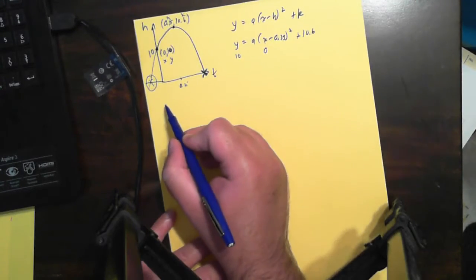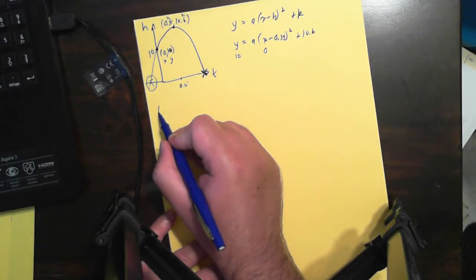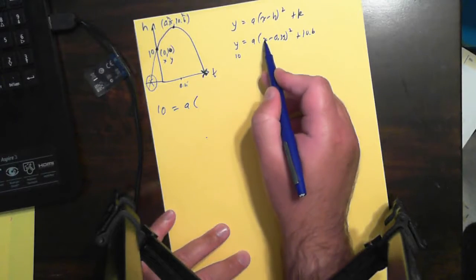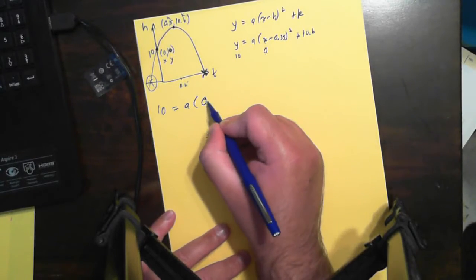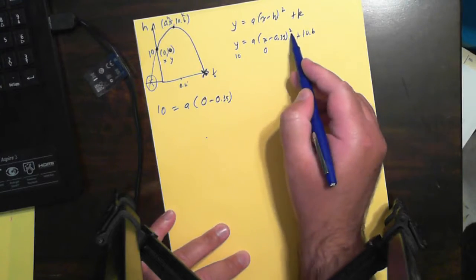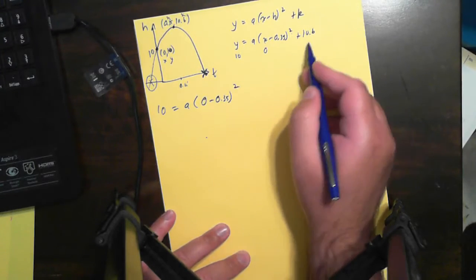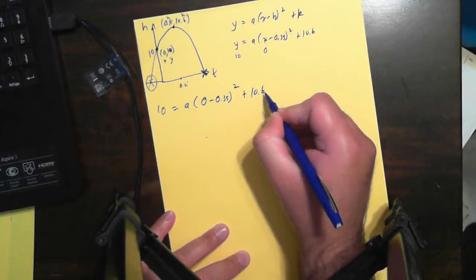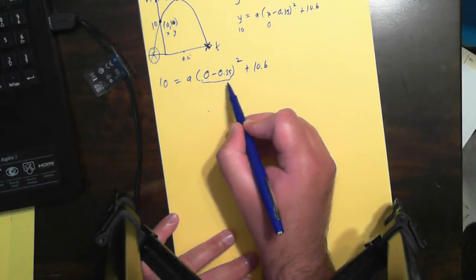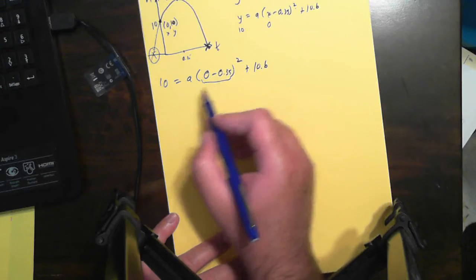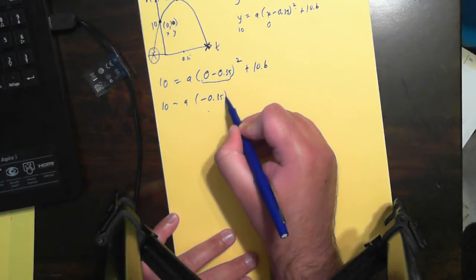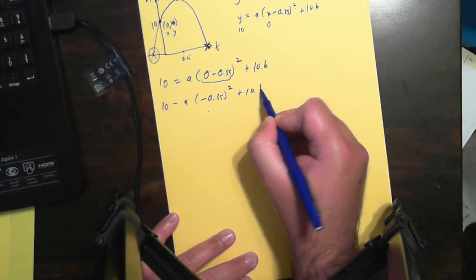I'll do this over here. I put 10 in for y, so I've got 10 equals a, which I still don't know, times, x is being replaced with 0, so 0 minus the 0.35 is still here. Of course it gets squared because it's a quadratic, and plus 10.6 at the end. Now we can evaluate the brackets. 0 minus 0.35 is negative 0.35, and it gets squared.